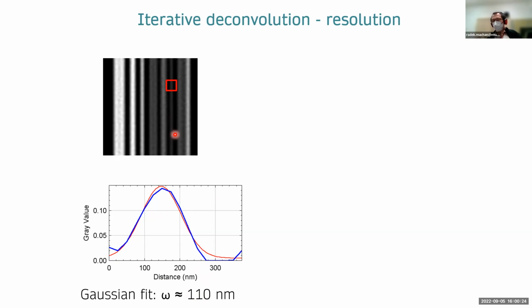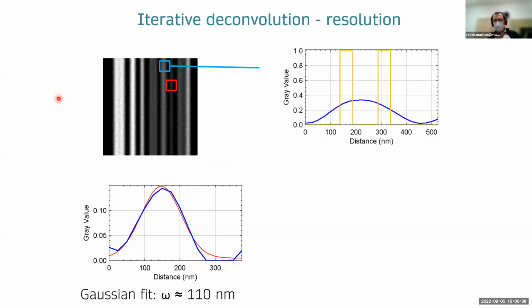You can always make things narrower, but resolution is about whether you can resolve 2 lines which are close to each other. That's a better measure of resolution. So let's look here. We know the ground truth in this case, so we know that there are 2 lines, but we can't resolve them.